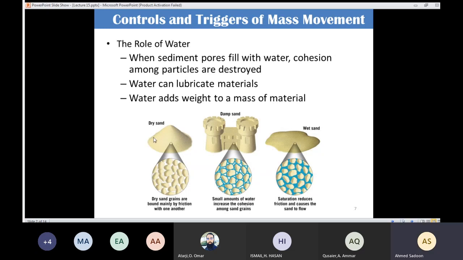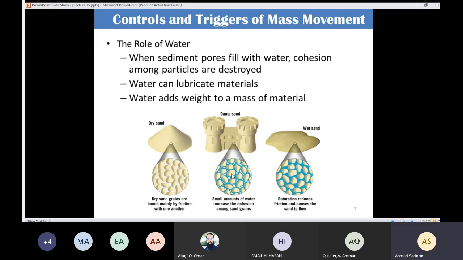Here, the sand sticks together because of the friction. Because of the friction, we have cohesion. And if you put a small amount of water inside those pores, the cohesion is going to be improved. You could build a castle with a small amount of water.